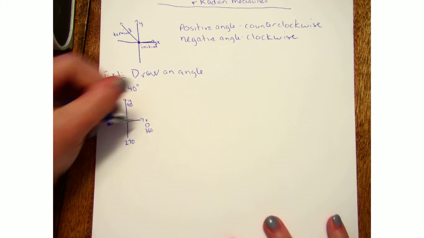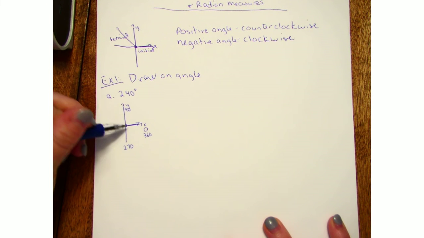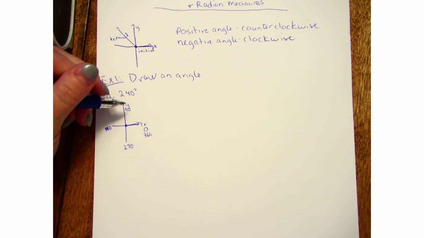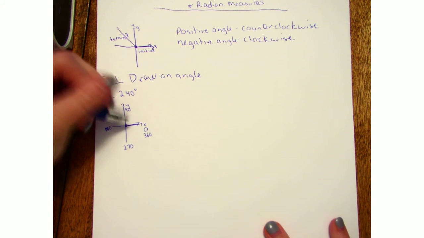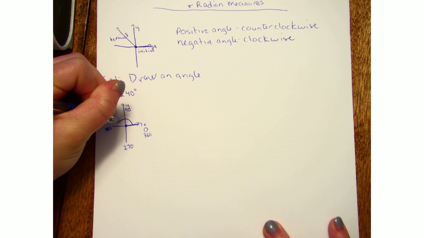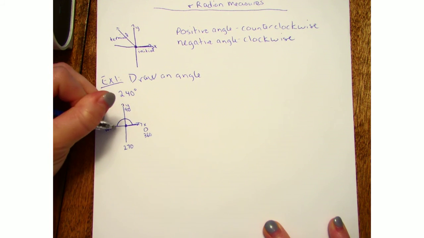All right, so let's start. Our ray is going to be at 0. That's our initial. And we're basically going to say, okay, how far do we need to go around to get to 240? Well, that's 90 degrees, that's 180 degrees. So to get to 240, we need to be somewhere between 180 and 270.